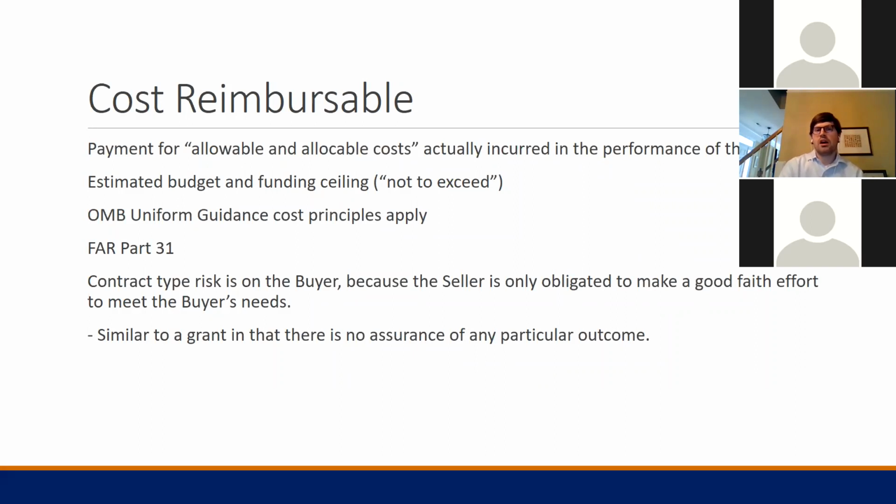And I think the main aspect, going back to the contract risk diagram that I noted earlier, is for cost reimbursable, the project risk is really entirely on the government. From the university's perspective, there's really only just a good faith effort requirement to meet the government agency's needs.